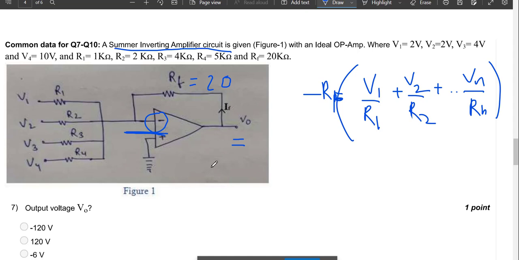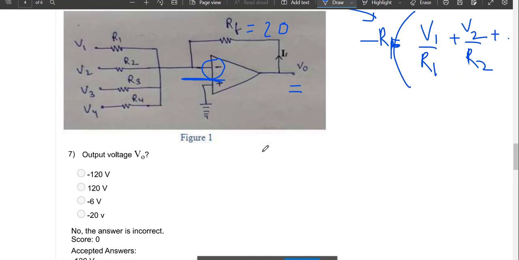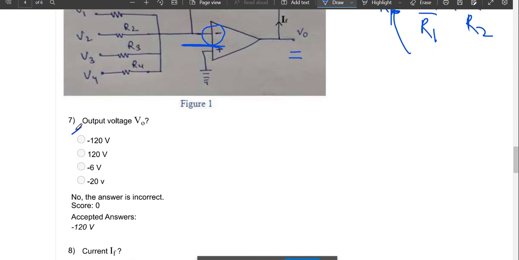So this is how you can identify it. Put all the values, RF, R1, V1, and you will get output voltage equal to minus 20 volts. I hope everybody has solved the question.